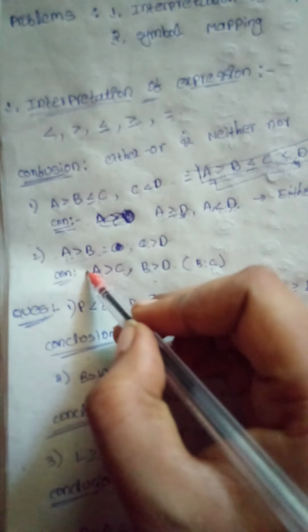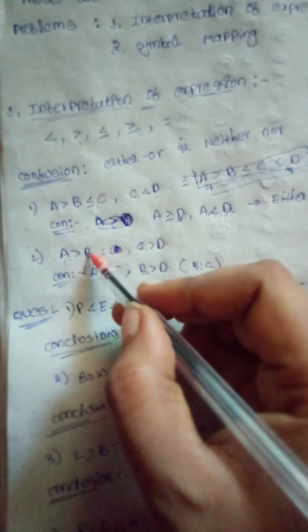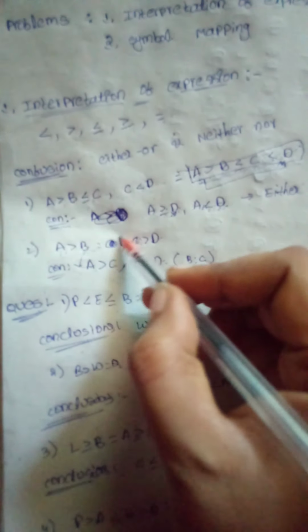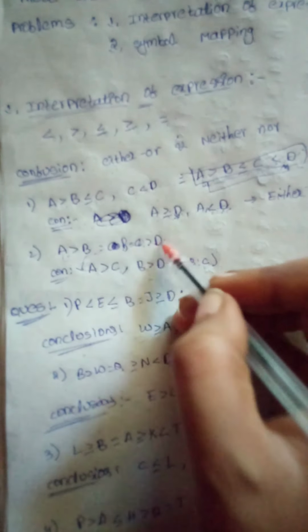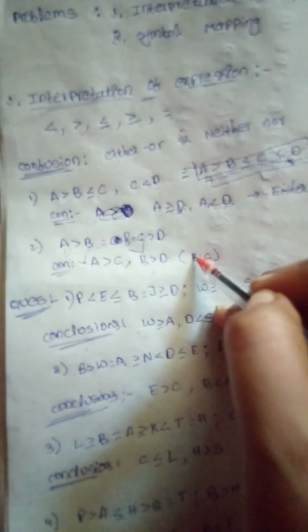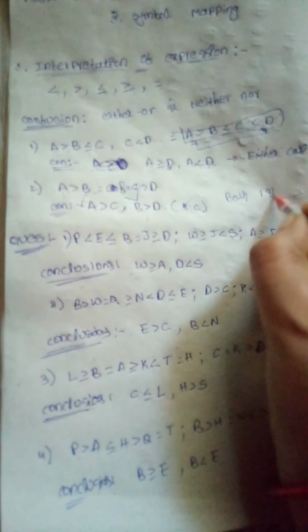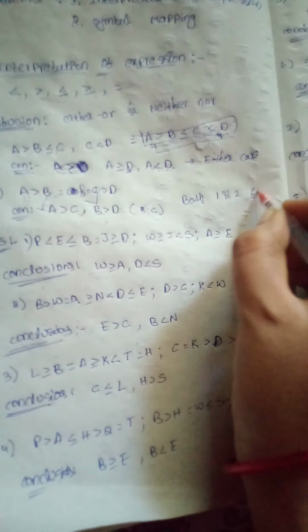So the first one, a greater than c, is true. Also b greater than d: since b is equal to c, b greater than d is also true. That means both conclusions 1 and 2 follow. In the second expression, the answer is both 1 and 2 follow. And next, let's go to the questions.